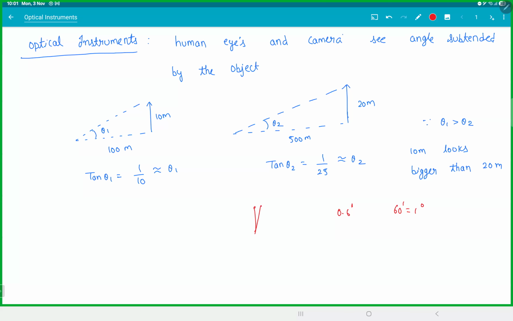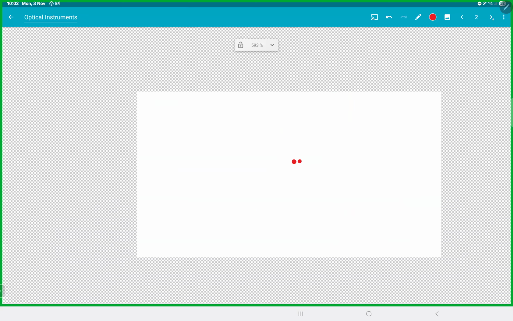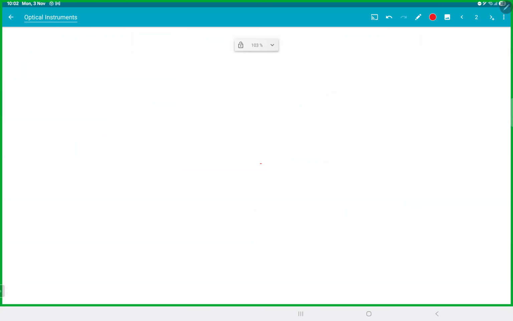For example, say, if I just zoom in, these are 2 points. You can see them. Can you still see them? There are 2 points. Now it looks like a point, right? Do you know where the point is? Let me zoom in. Can you see the point now? Did you find the point? This is a game, finding the point. I'll zoom in. See, now you'll be able to see the point.